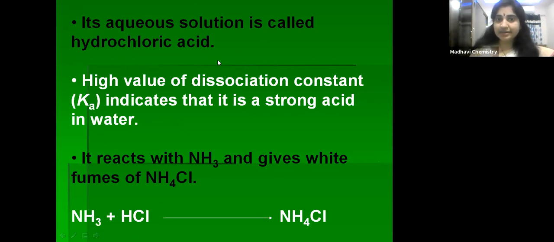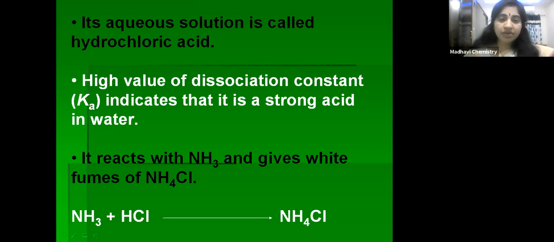Dry HCl is called hydrogen chloride gas, whereas HCl in water is called hydrochloric acid, because it is providing H plus ions. Ka is equal to 10 to the power of 7. It indicates that HCl is a strong acid in water.